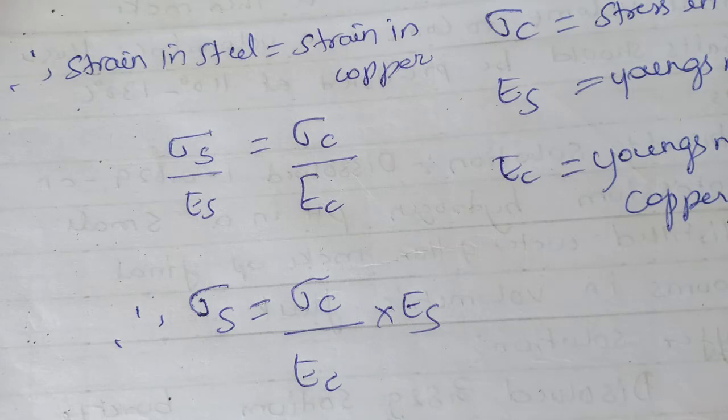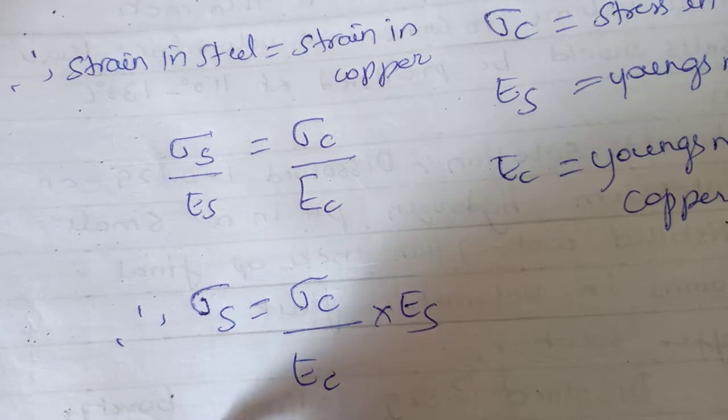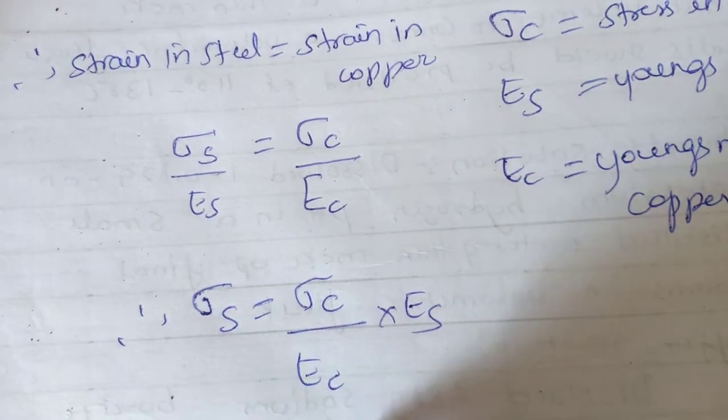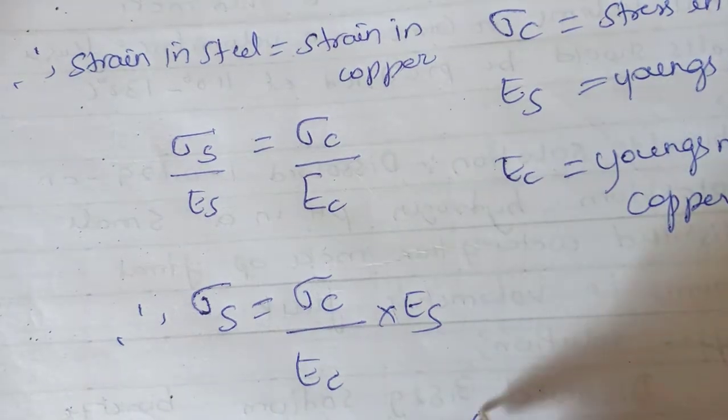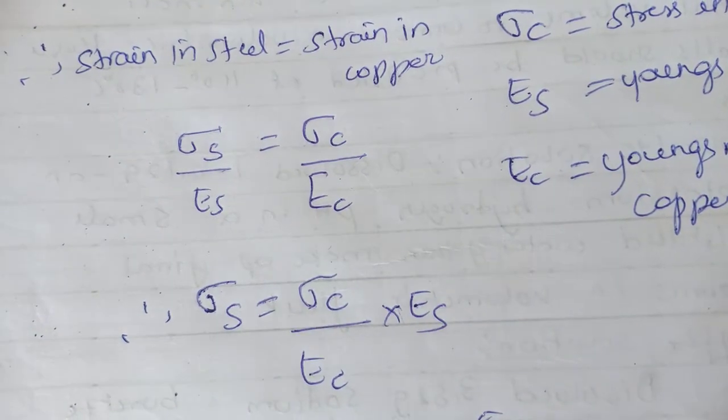So this ratio of Es by Ec, Es you can see here and Ec you can see here. Es by Ec, that is the Young's modulus ratio.